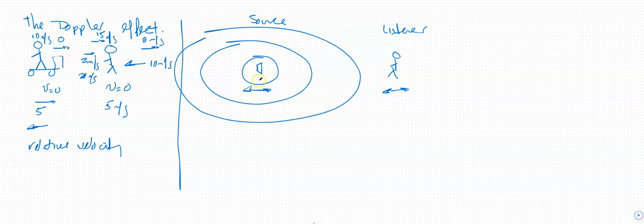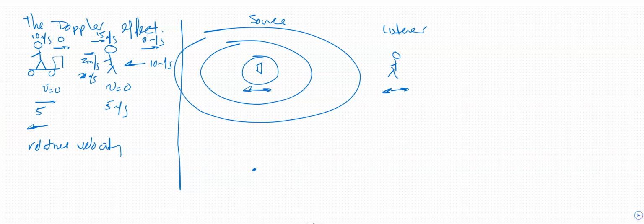Let's first see what happens when the source moves. The source starts here, emits sound, and after a certain time, whatever sound was emitted from this position is here.